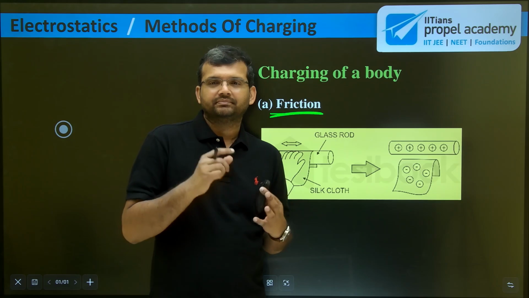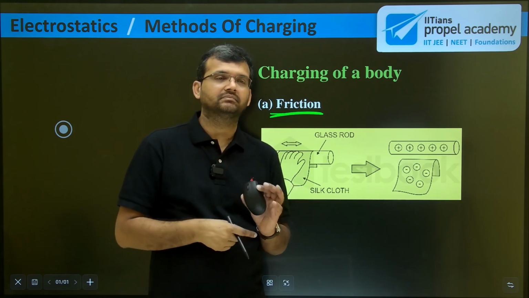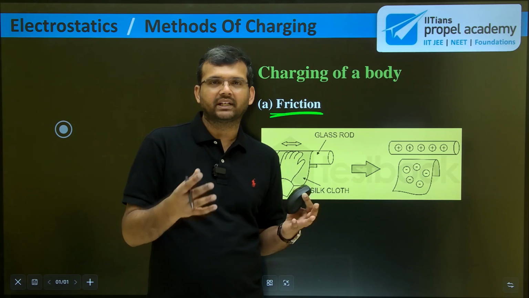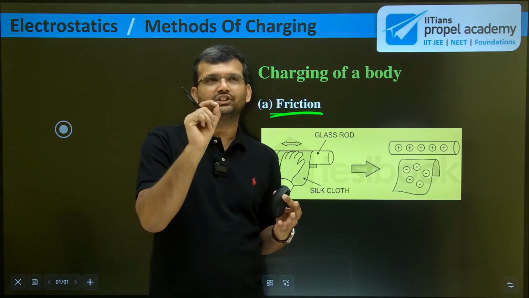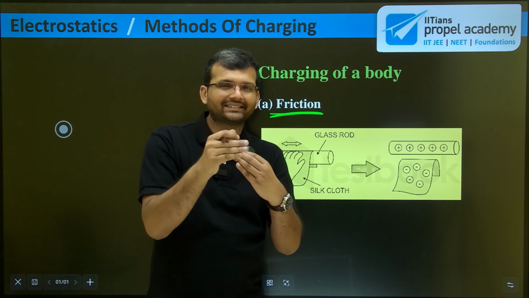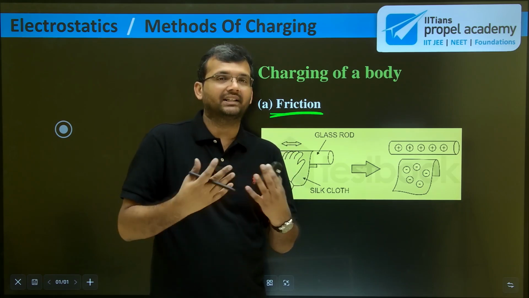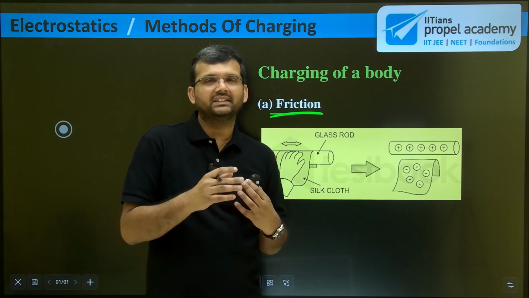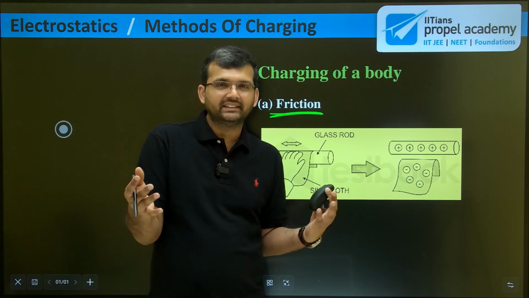Because of atomic nature, because of atomic size, this process may depend. For example, if you have a small atom, the positively charged nucleus attracts electrons in a much stronger way. With a lot of force of attraction, electrons will be bound to the atom, which means smaller atoms don't lose electrons very easily.